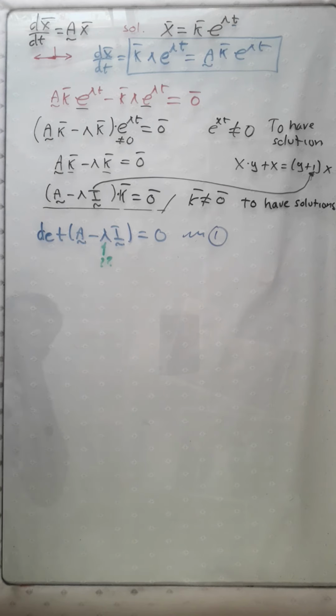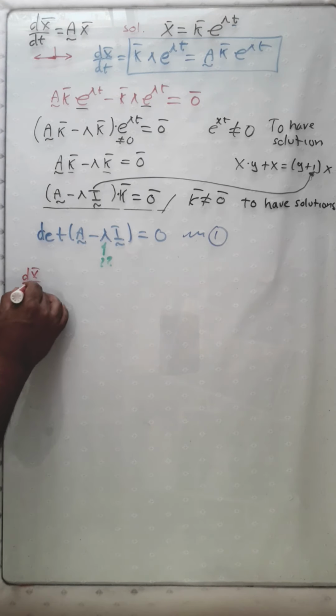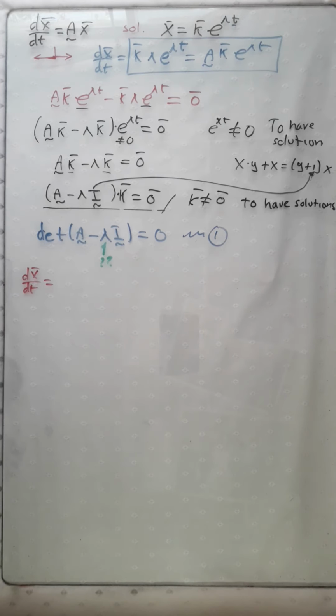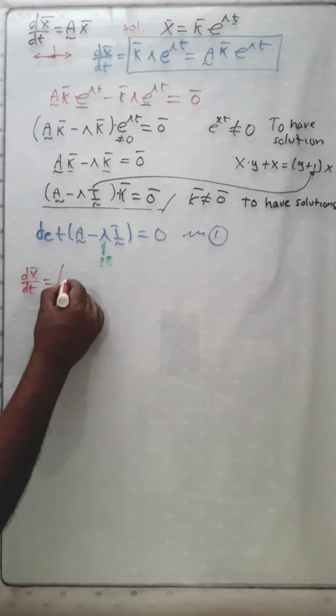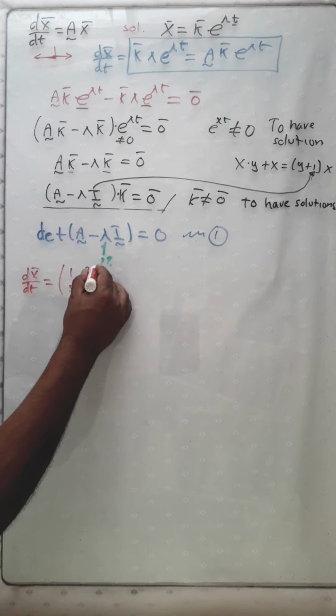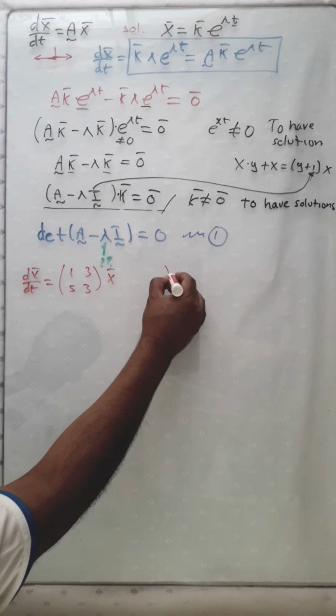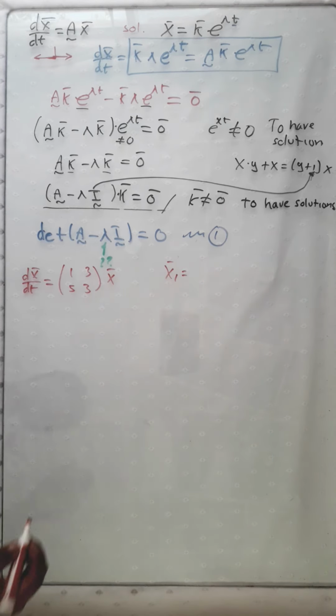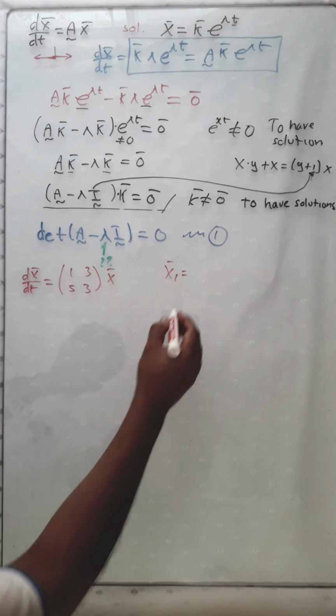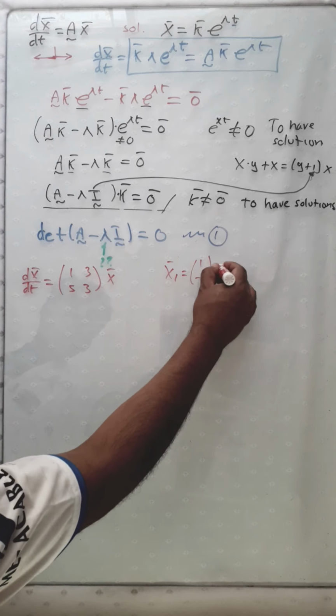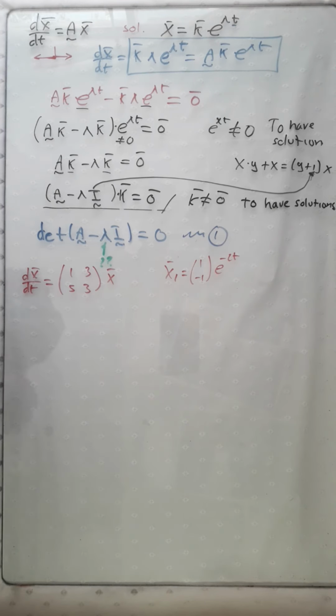The previous problem was the derivative of x vector with respect to time equal to the matrix 1, 3, 5, 3 times x vector. And if you remember, the first solution was the vector 1 and minus 1 times exponential of minus 2t. Okay?